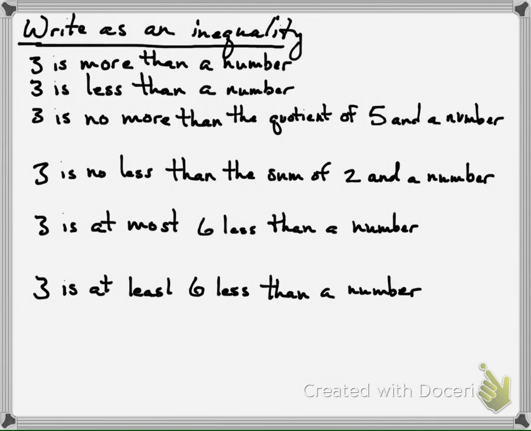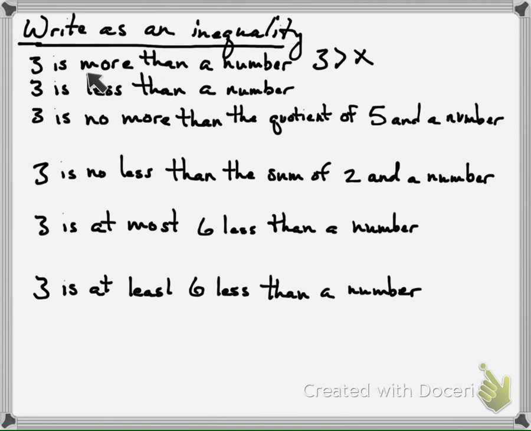So this phrase, is more than a number, that's what we're going to use for greater than. So 3 is greater than x. That's all we do there. Now be careful, because if it said 3 more than a number, well, then we're talking about 3 plus x.